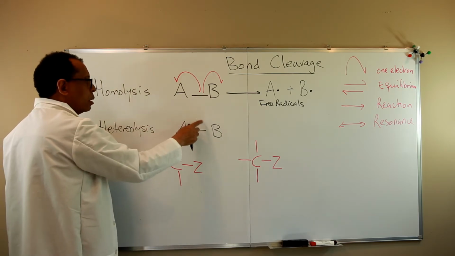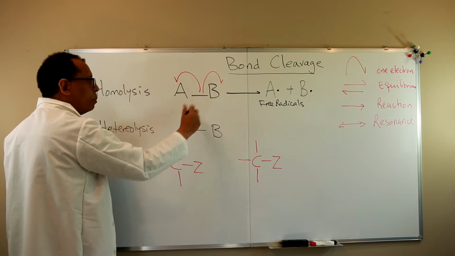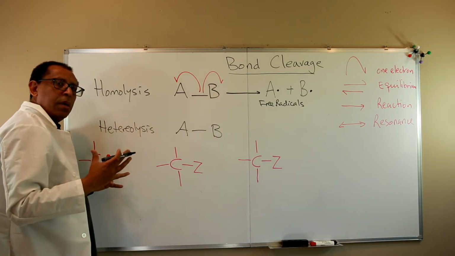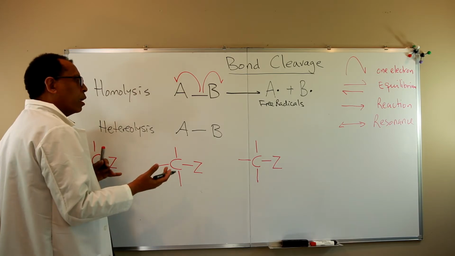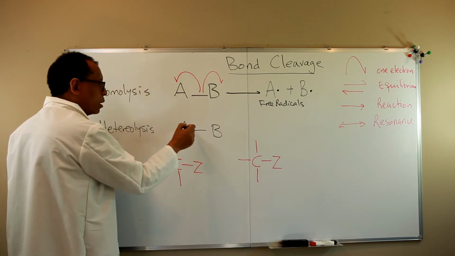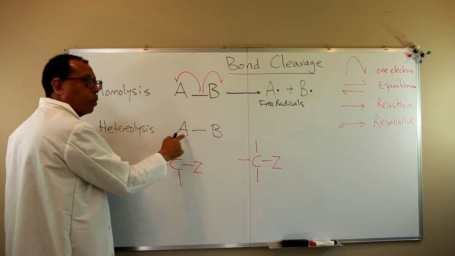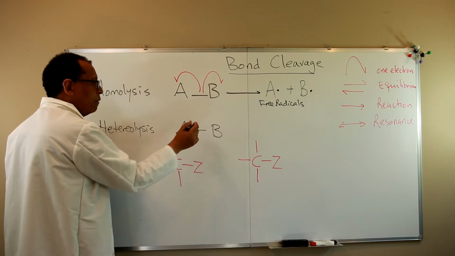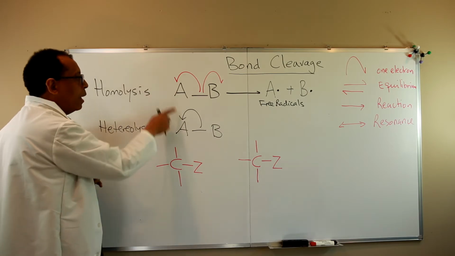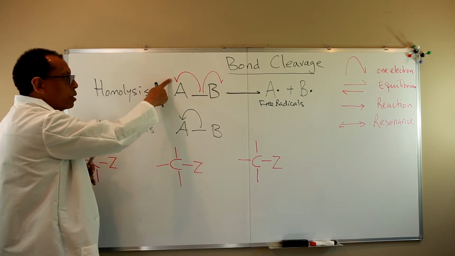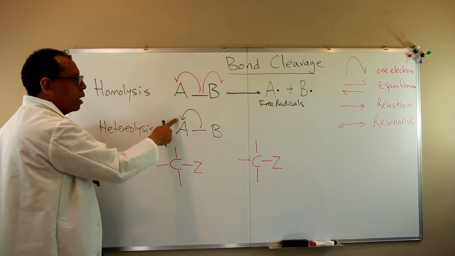When we say heterolysis, the electrons go to one atom or the other, whichever is more comfortable acquiring electrons, and it carries both electrons. For example, if A is more electronegative, now it's not a single fishhook but a double-headed curved arrow.